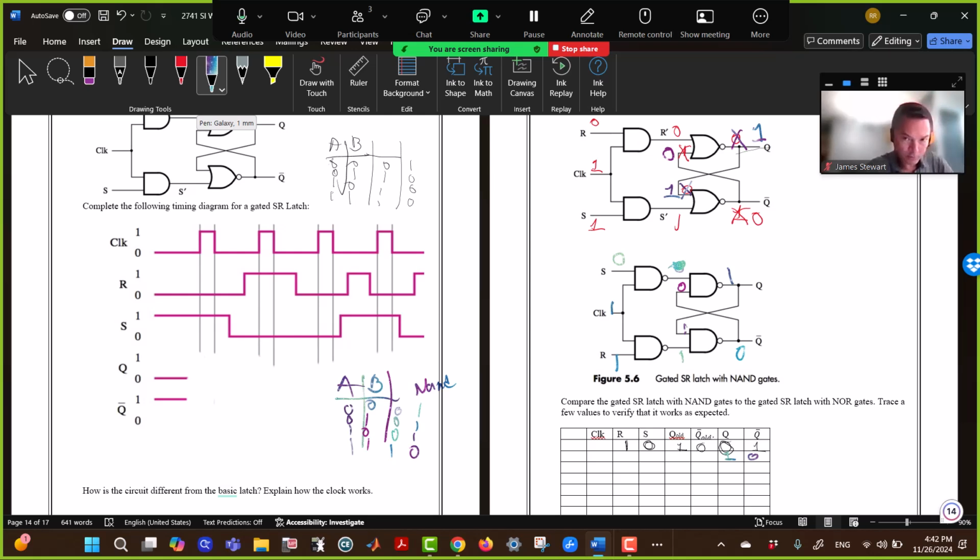Which is not what I'm supposed to get. Oh, because I forgot at first that it was a NAND. These are NAND gates all along. Okay, so 0 NAND 1 is 1. 1 NAND 1 is 0. I have a 0 sitting here and a 1 sitting here.